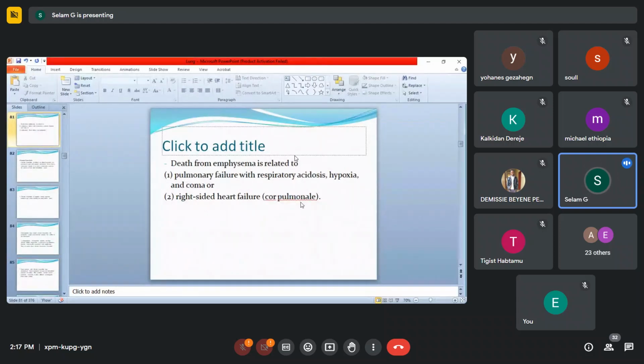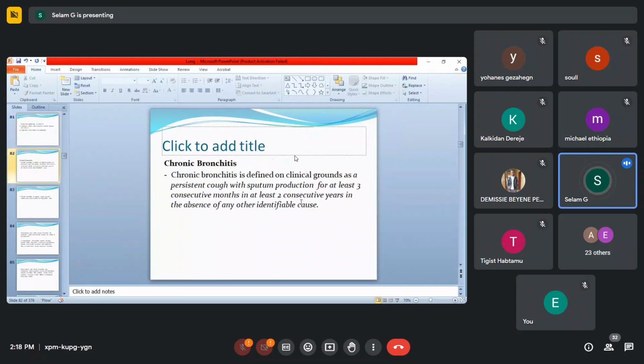These patients may die of pulmonary failure with respiratory acidosis, hypoxia, and coma, or right-sided heart failure, which we call cor pulmonale. So if the heart is failing due to reasons occurring in the lung, we call that cor pulmonale. The lesion is found in the lungs. So right-sided heart failure may kill these patients.